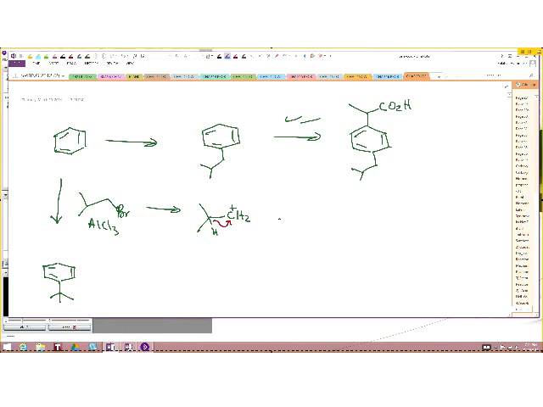So that will not work. And therefore you get this to become this here. And this will be your electrophile that will react with the benzene to give this here. Okay? So this will not work.